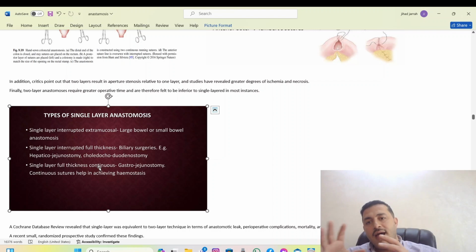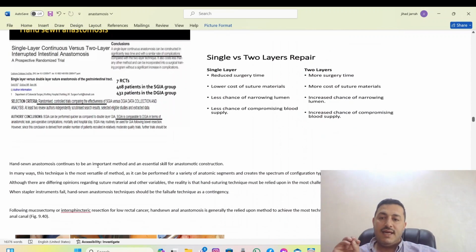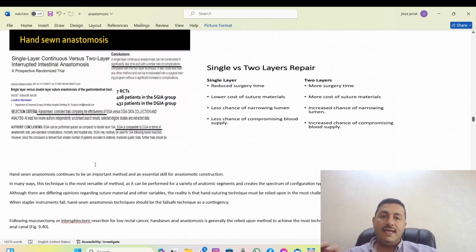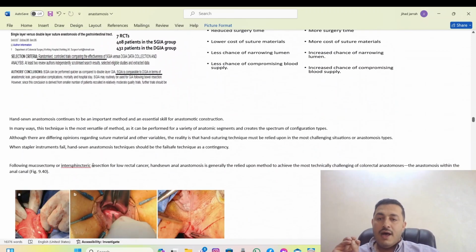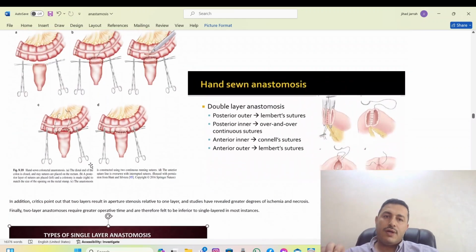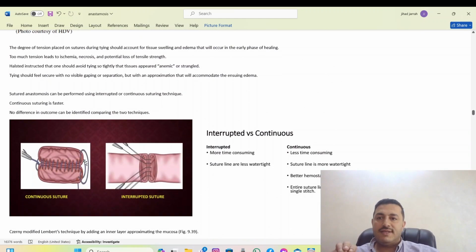This is what I mean when I mention that we are now concentrating more on lower GI anastomosis. We said the preferable option is to do single layer anastomosis. If we are talking about interrupted or continuous, no difference here.